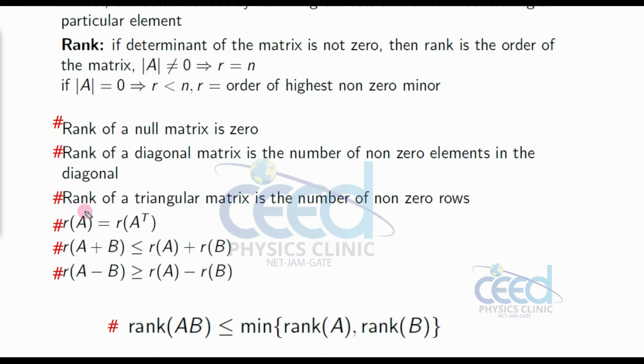Another property: the rank of a triangular matrix is the number of non-zero rows.